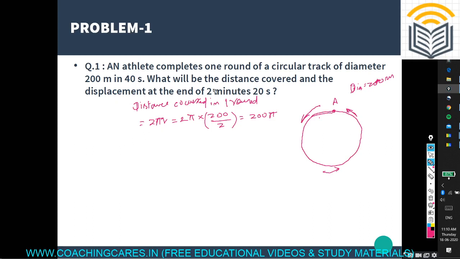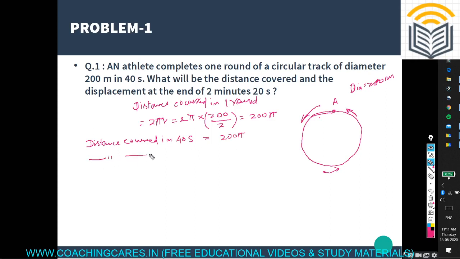We have to calculate the distance and displacement at the end of 2 minutes and 20 seconds. So the distance covered in 40 seconds is equal to 200 pi.